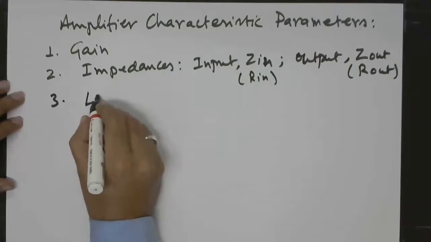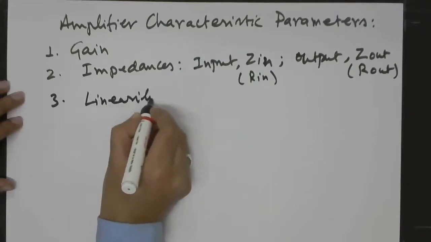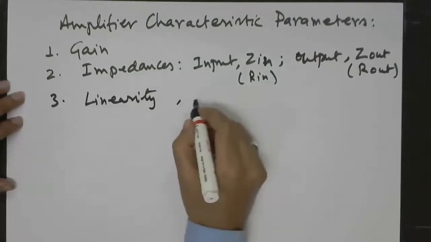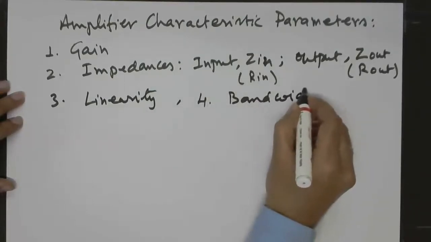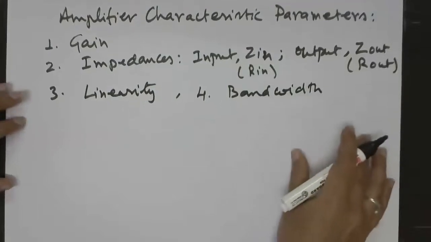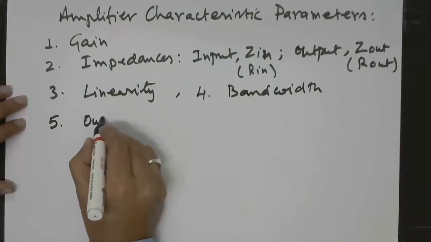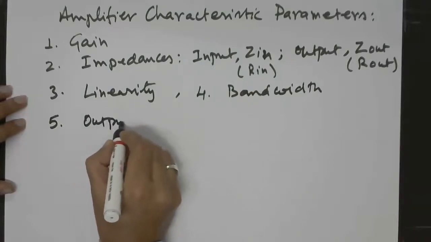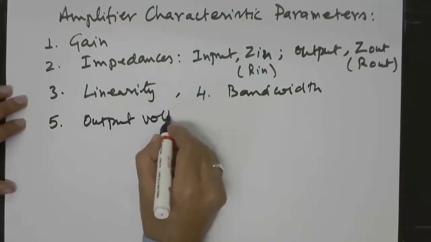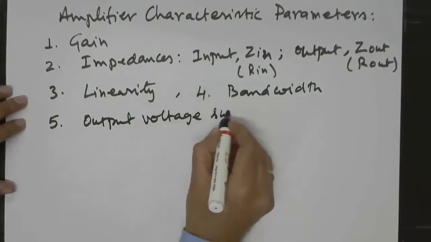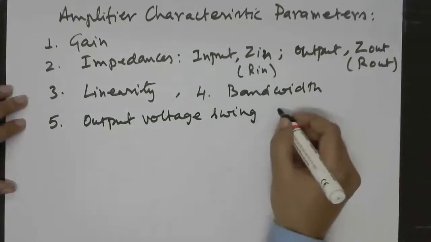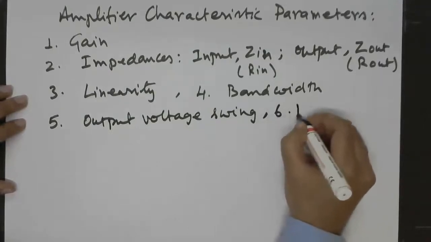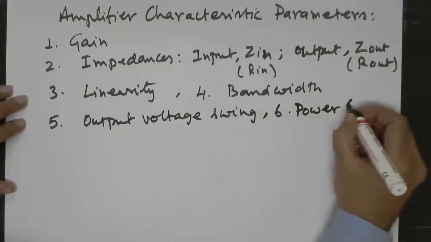Third is linearity. Fourth will be bandwidth, and then fifth is output voltage swing, and then power dissipation or power consumption.